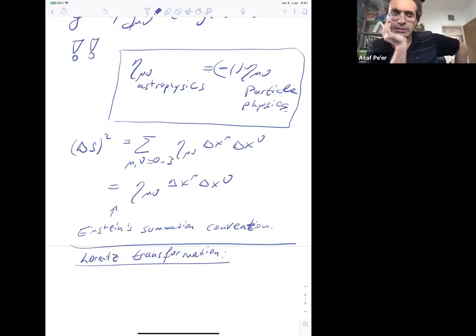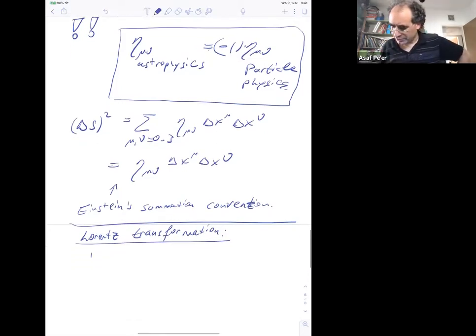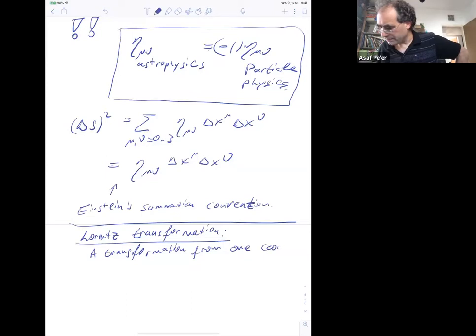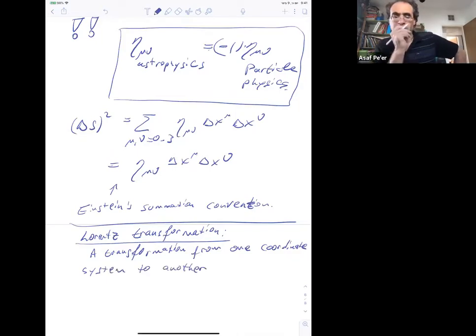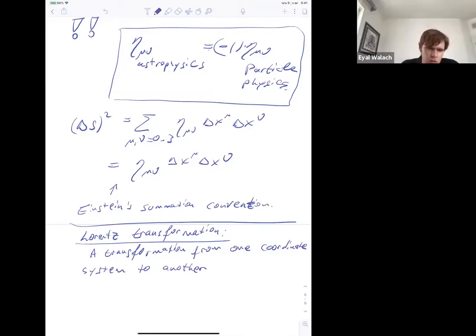But is that enough? No, it has to conserve the interval.